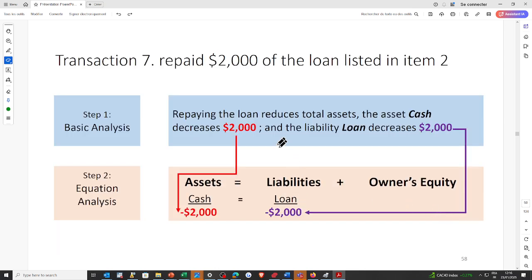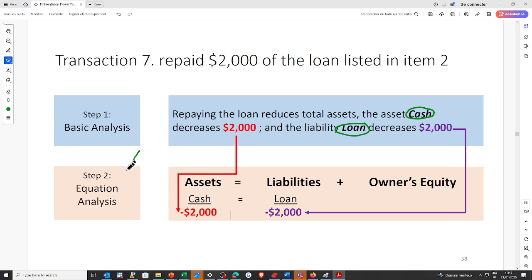So if you repay the loan, you decrease your cash account. However, you also decrease your liability, which we call here the loan from the lender, by the same amount.